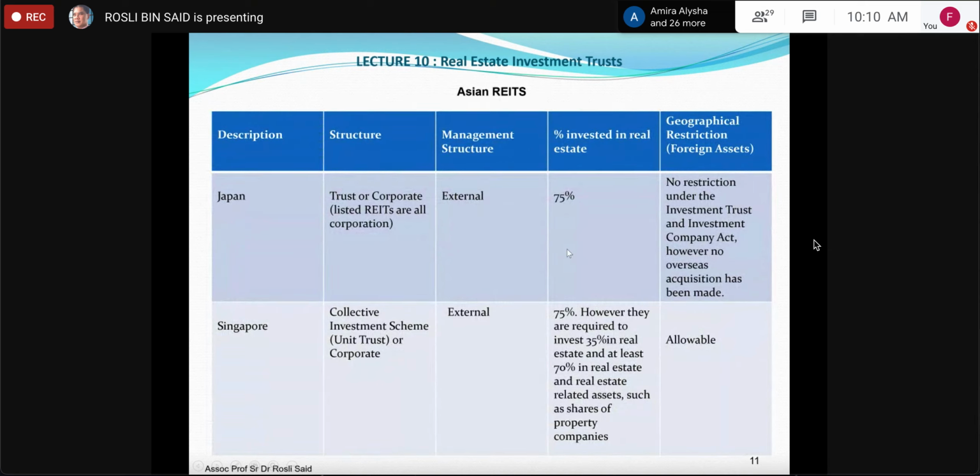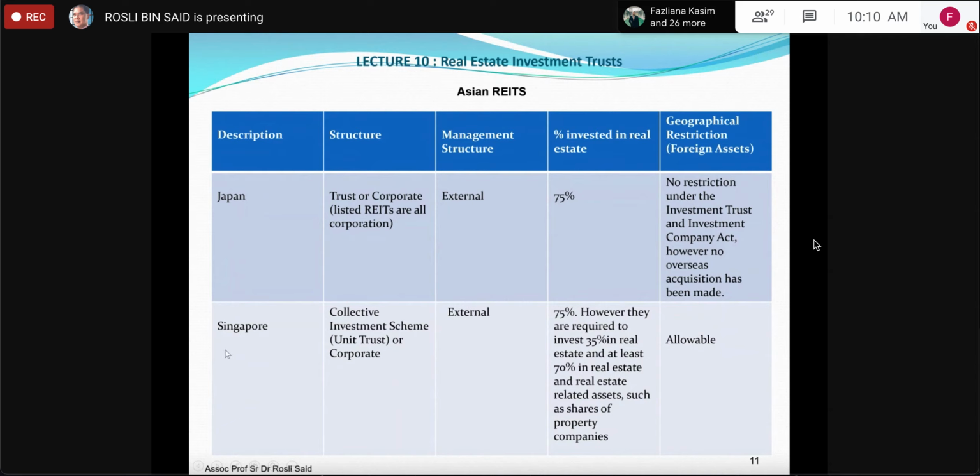I don't have to go into detail on this. We try to see which countries in Asia have REITs. Japan has REITs.